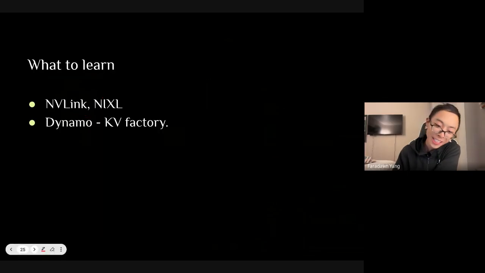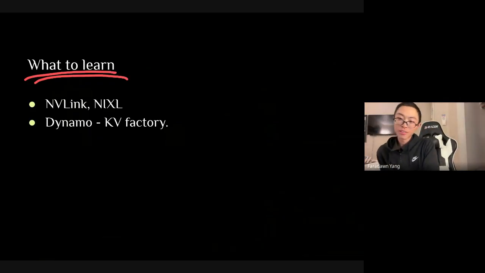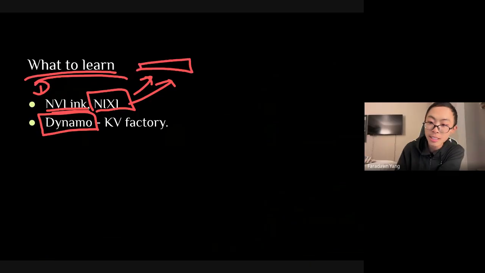So finally, as a bonus, what to learn in the future. To build this content delivery network, you first need NVLink, you need to understand the networking protocol, and also NIXL, which is one of Dynamo's inventions. It's a networking layer that can plug into GPU direct memory and also cloud storage.